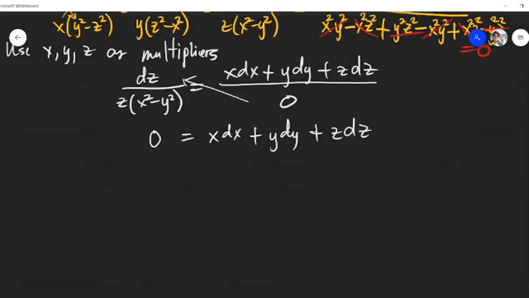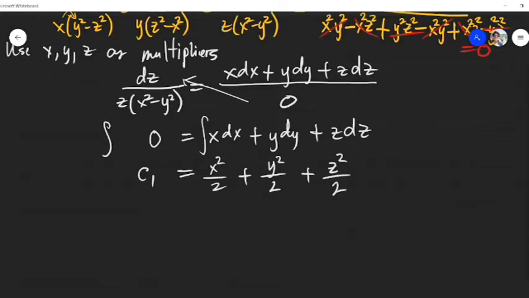And integrating this both sides, the integral of a constant is just equal to an arbitrary constant, c sub 1. And integral of x dx is equal to x squared over 2 plus y squared over 2 plus z squared over 2.